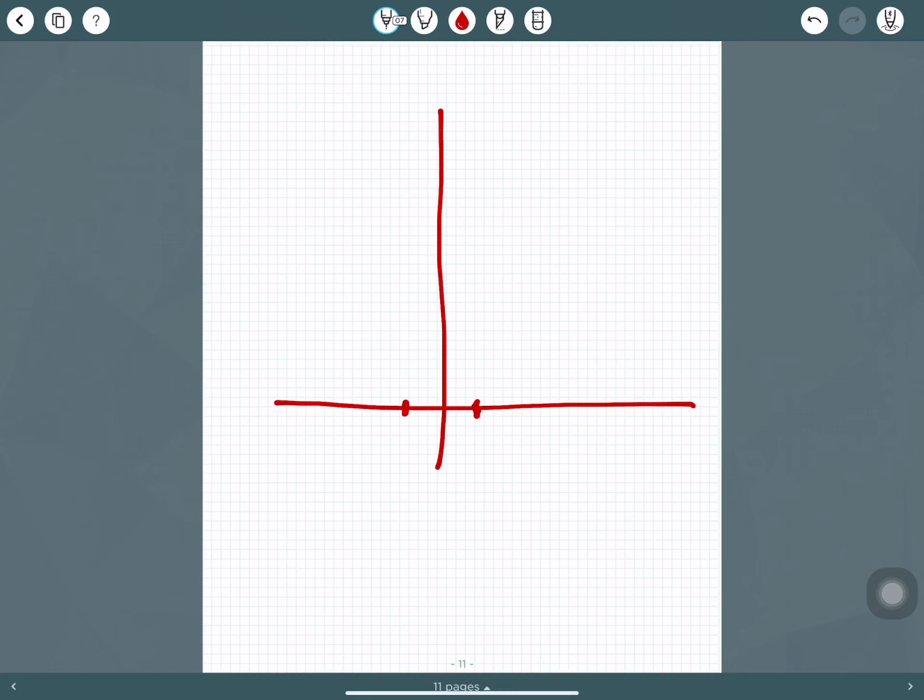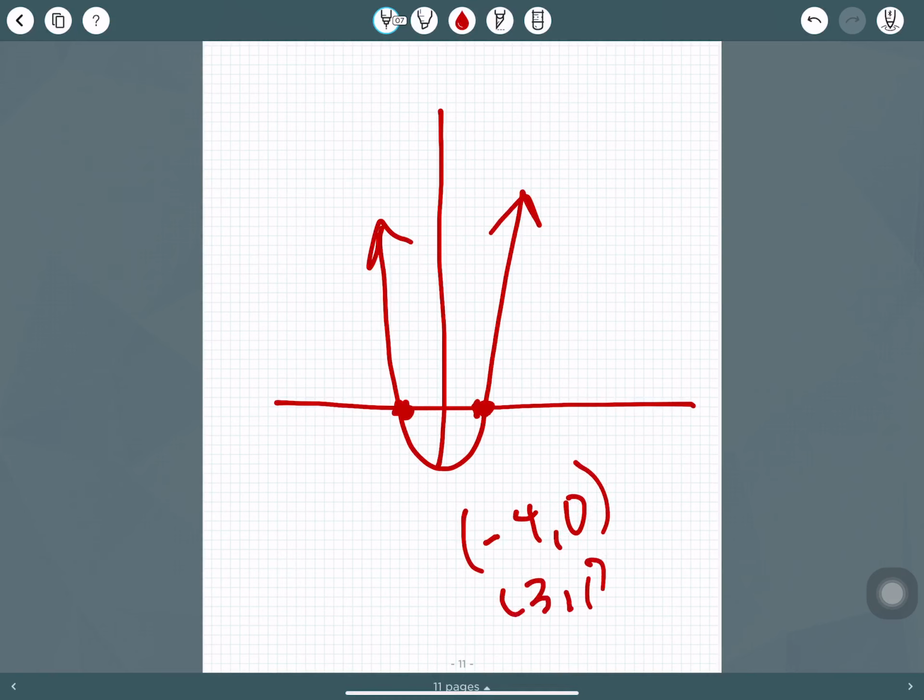If you were to graph this, and I'm just going to sketch this, the graph of this is going to be a parabola, and it's going to cross at x equals negative 4 and x equals positive 3. So negative 4, 0, and 3, 0.